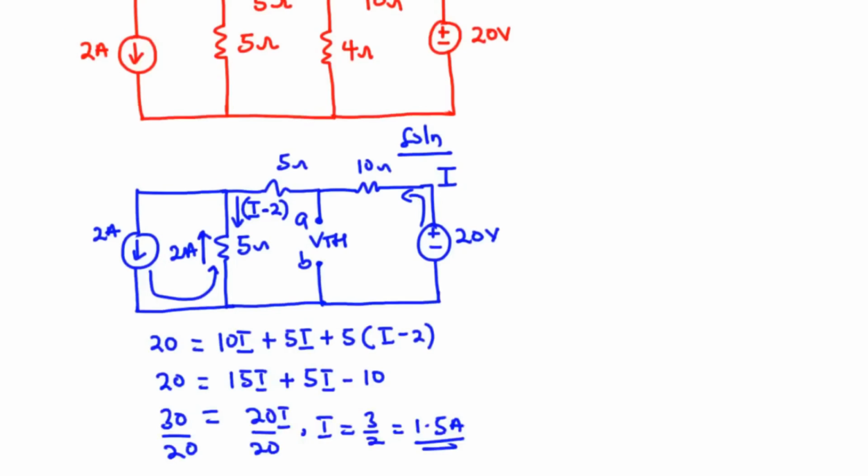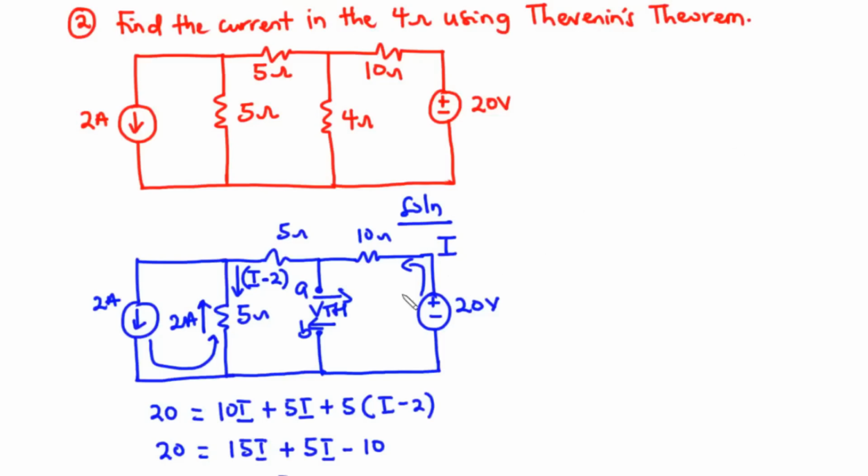Now from this we can find the value of V Thevenin. We can look through the terminal along this direction, and we can also view it from that direction. Whichever position you choose, you are going to arrive at the same answer. So let's consider this particular loop.